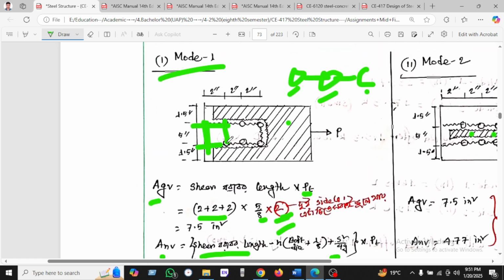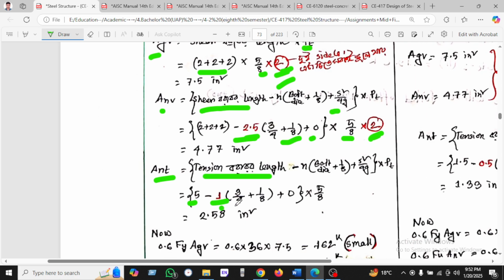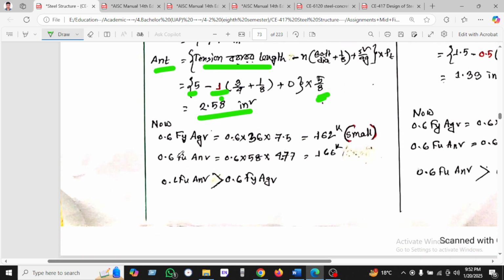Because in this bolt, half and half, if we draw this and this, this half and this half will be 1. That's why we are using 1, and 3/4 is the bolt diameter, and 1 plus 1/8 is the constant, and there is no stagger, and 5/8 is the plate thickness, and we found ANT here. Now we are using this formula and found 162, and another is found 166. So the smaller is 162.